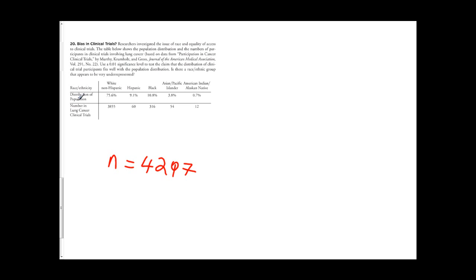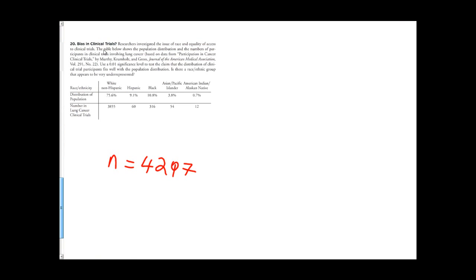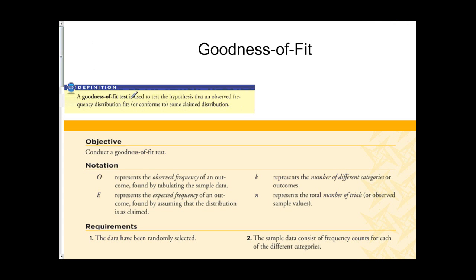If there were no bias in the clinical trial, then you would expect the sample to match pretty closely to the general population. So that's what we're going to be doing. We're going to be conducting goodness of fit tests, which are used to test the hypothesis that some observed frequency distribution fits some claimed distribution.